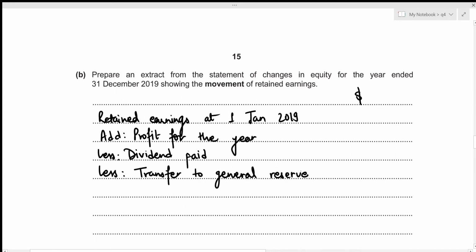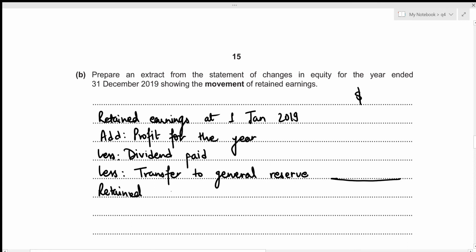And this is subtracted because we are just putting a part of our profit to the general reserve from the retained earnings section, which means that the balance on the retained earnings section will definitely be reduced. So these are all the transactions. Now we can figure out the closing balance.